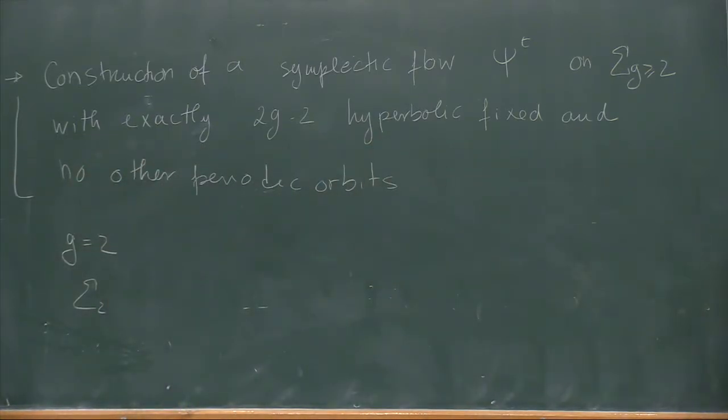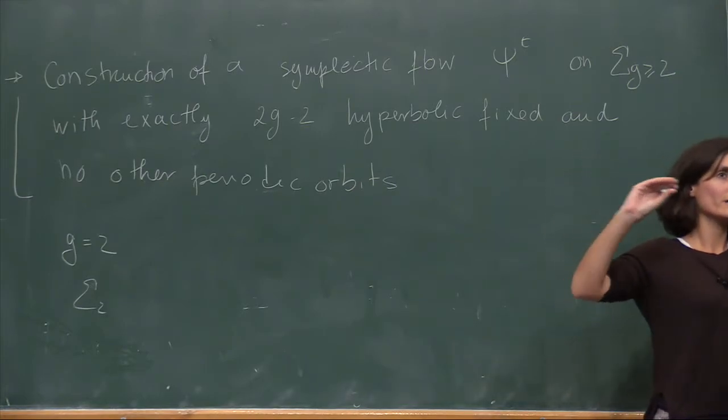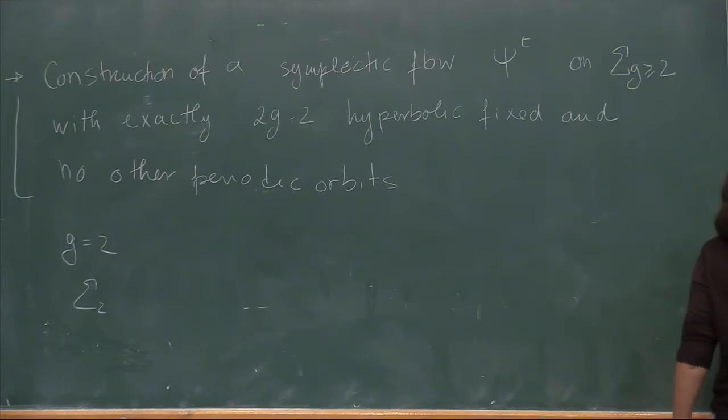How do we do this? We'll basically consider 2 tori, and we'll glue them together somehow. So let me start with 2 tori and represent each one like this. This is my first torus, T2, and here I have another torus.